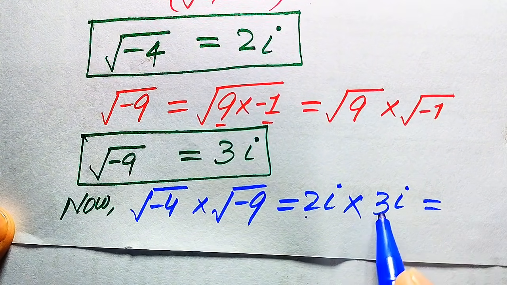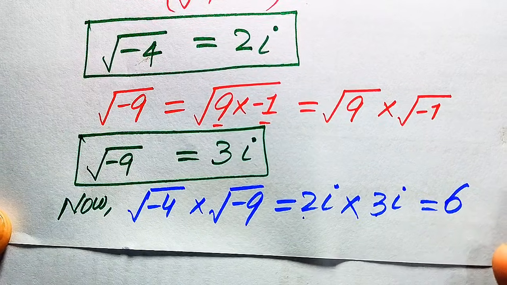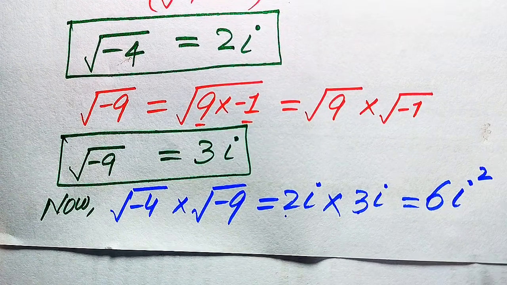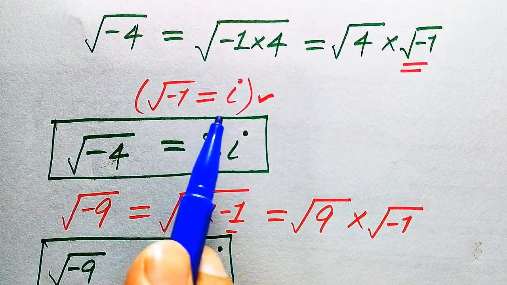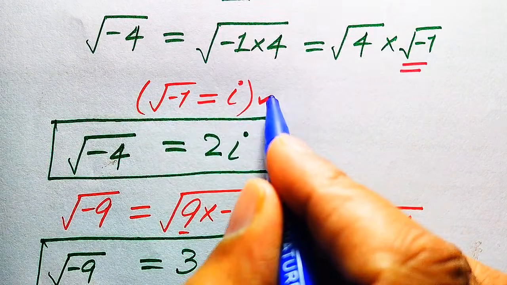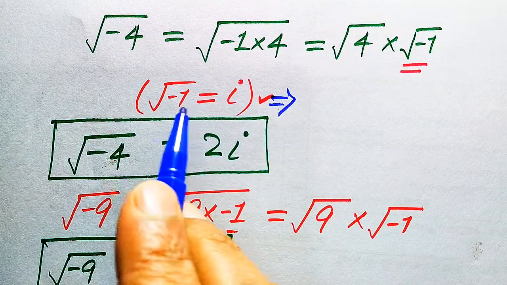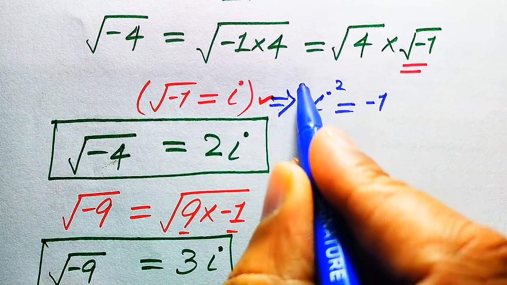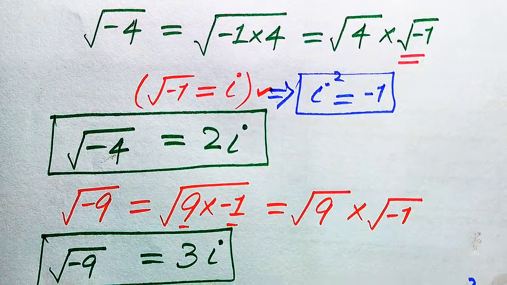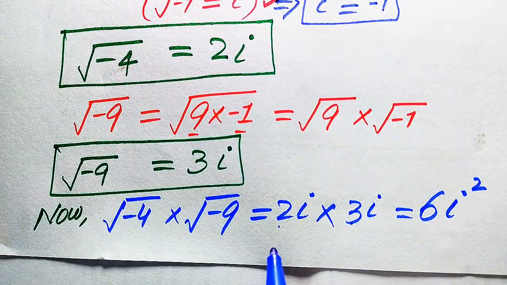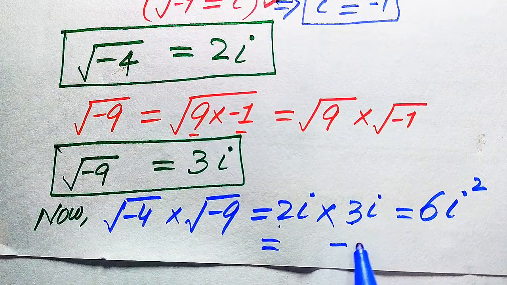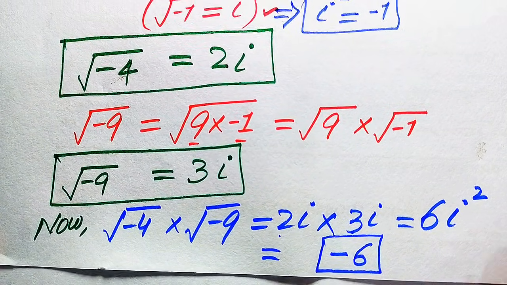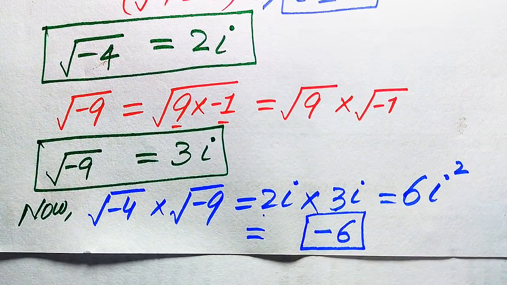Here 2 times 3 becomes 6, and iota multiplied by iota is equal to iota squared. Since iota is equal to square root of minus 1, squaring both sides gives iota squared equals minus 1. So we replace iota squared with minus 1 and obtain the final answer of this problem, which is minus 6. This is our final answer of this question.